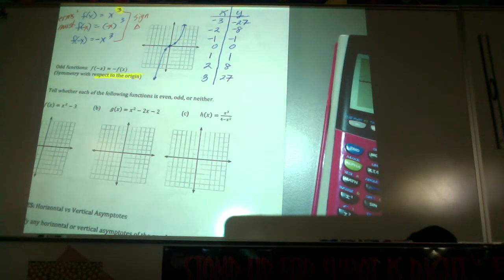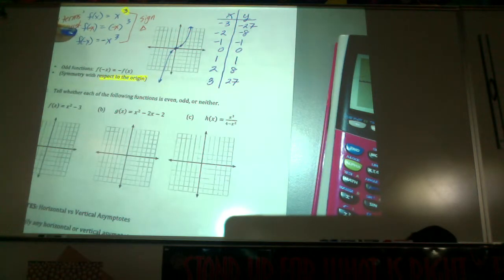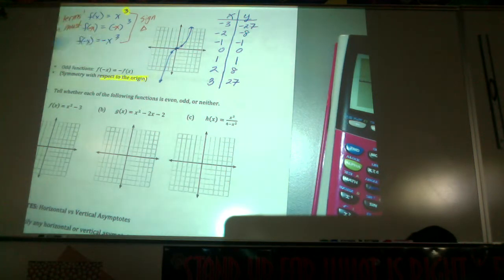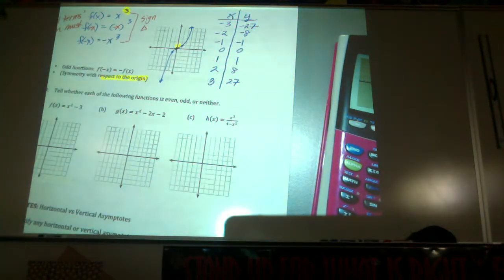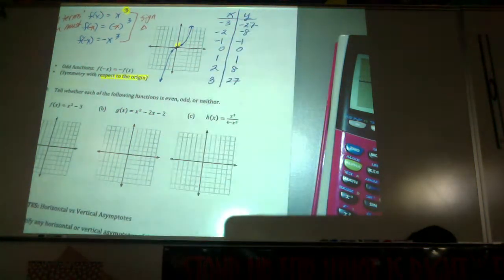So you ought to be able to determine odd versus even by either substituting in -x, looking at the graph and determining is it symmetrical to the y-axis or the origin, or looking at your table of values. So look at example 9.